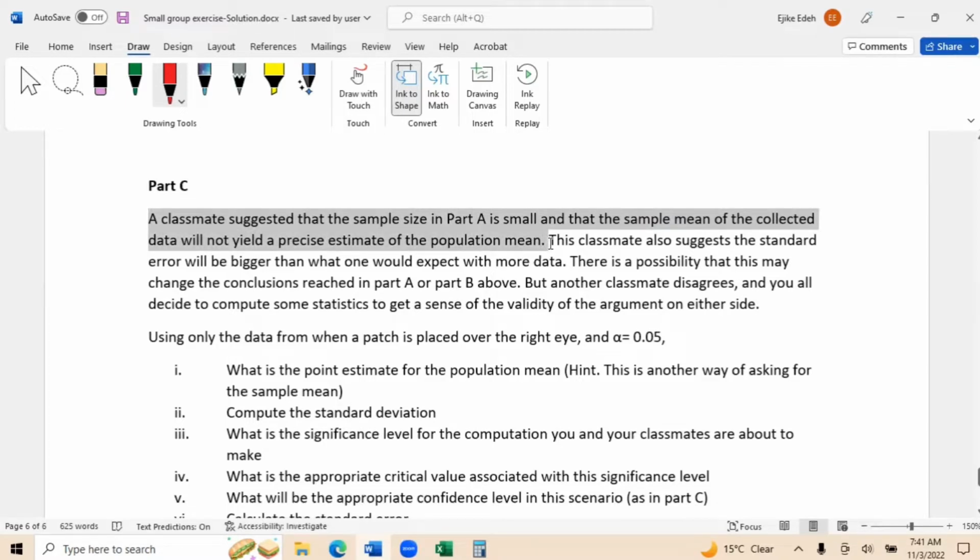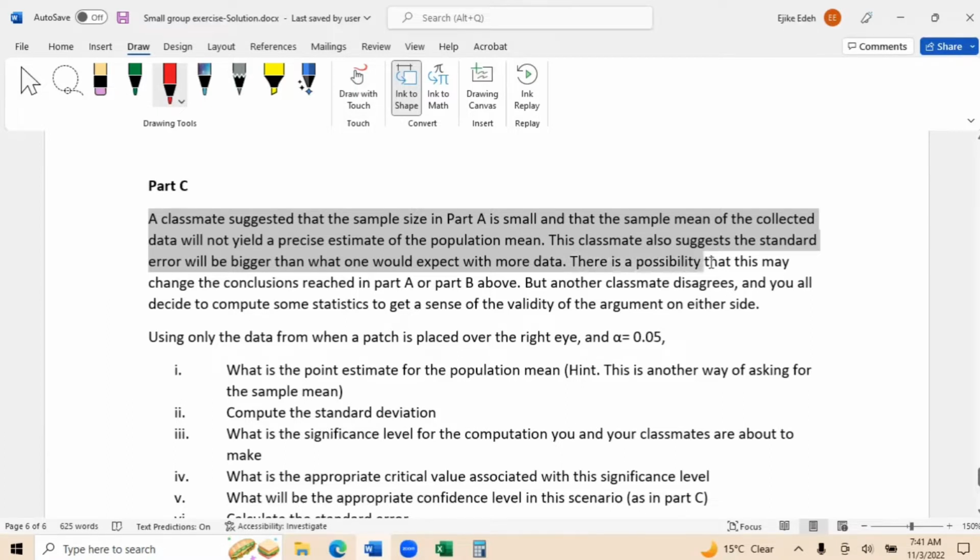Okay. This classmate also suggests that the standard error will be bigger than what one would expect with more data. And we also talked about this sometime in class. I remember one of you responded correctly to this question. Yes, so this will also be true. Whenever the sample size is small, the standard error tends to be bigger, okay?